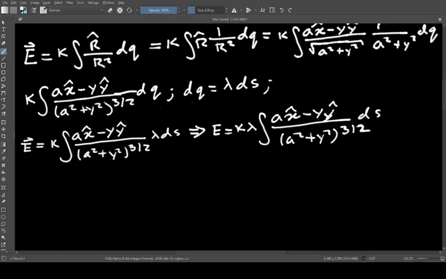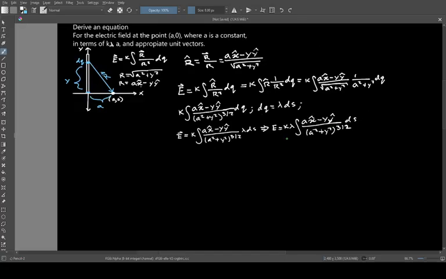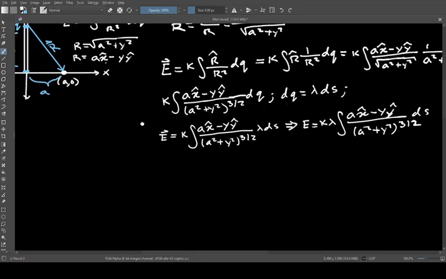Now, for a rod lying along the y-axis, which it is here, you're going to work with Cartesian coordinates. And we're going to need a differential arc length.